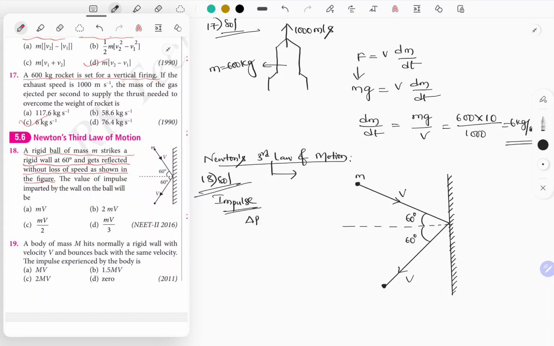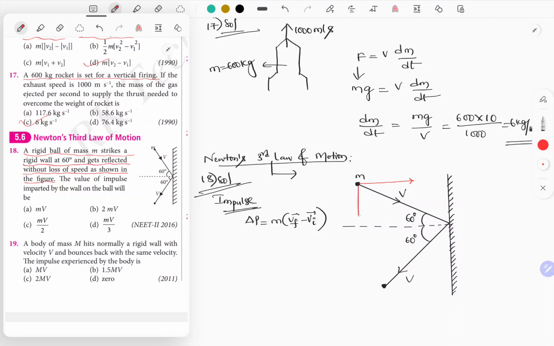To find the change in momentum, the formula is mass into final velocity minus initial velocity. I should know what the initial and final velocities are. Here they have given the speed with which the ball is striking the wall. Now I have to divide this into two components, then only I can represent velocity: the horizontal component and the vertical component.